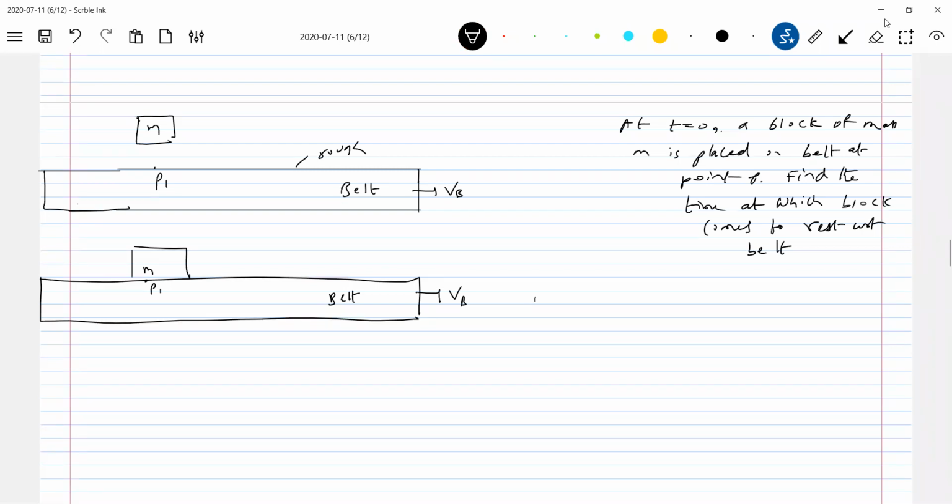I'll call belt or platform P only, it will be easy for belt or platform.